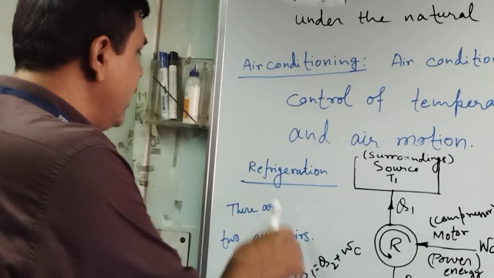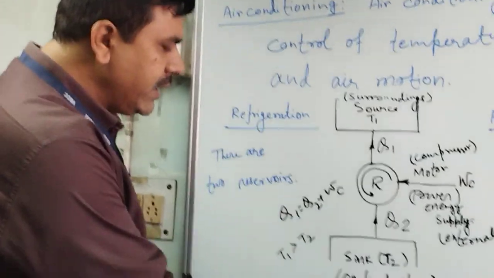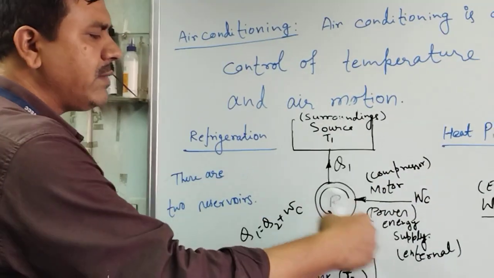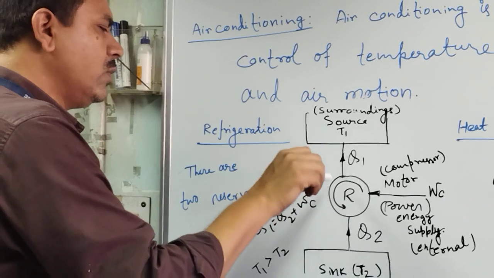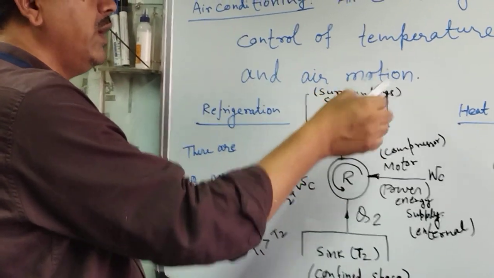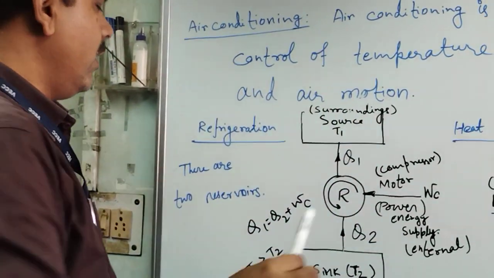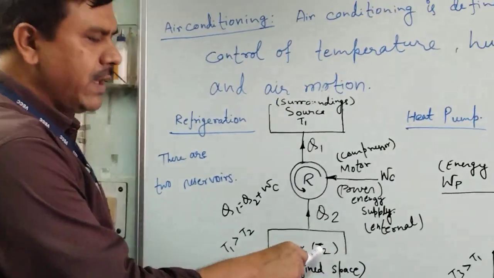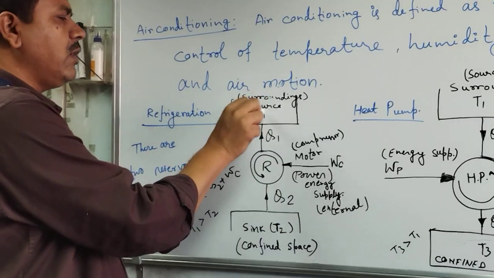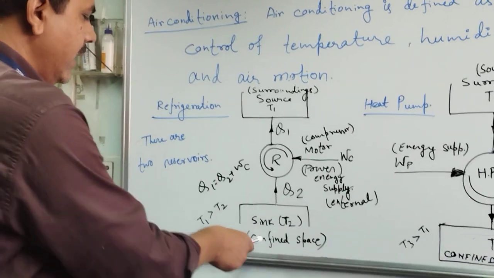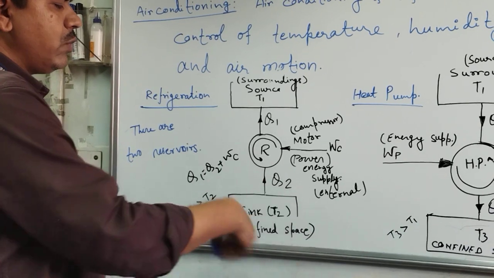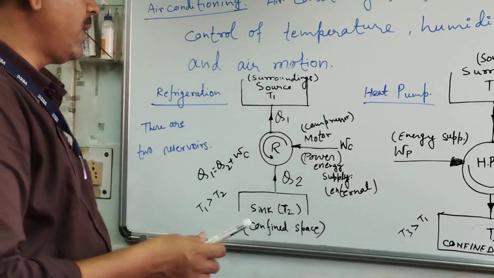Now refrigeration works as follows: heat is removed from the confined space, and by the compressor work applied to the refrigeration, the heat is rejected to the surrounding or the source temperature. This means the sink temperature or confined space temperature is always lower than the source temperature or surrounding temperature. Here, in the confined space, we put the food for 24 hours in a continuous manner.